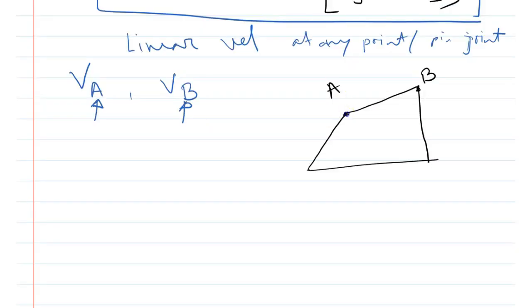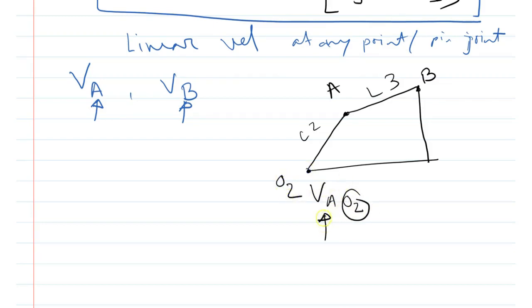So for pin joint A, it's the connection between link 2 and link 3. So when it says VA, it means VA2, which is a pin joint, and this is our pin joint O2.